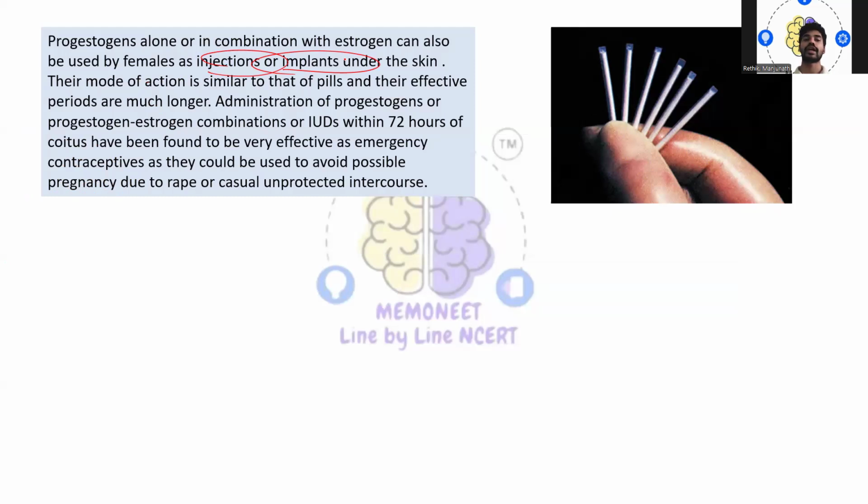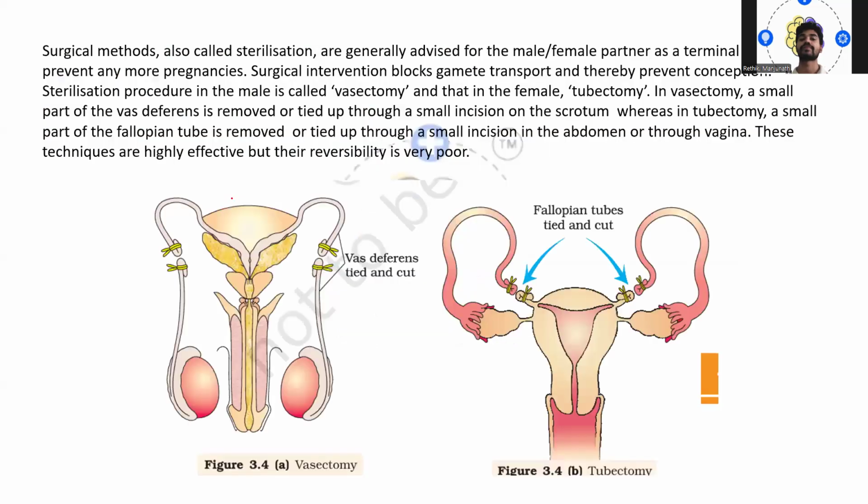During adverse conditions, like to avoid unwanted pregnancy during rape cases or casual unprotected intercourse, if you use this within 72 hours, it is going to avoid possible pregnancies.